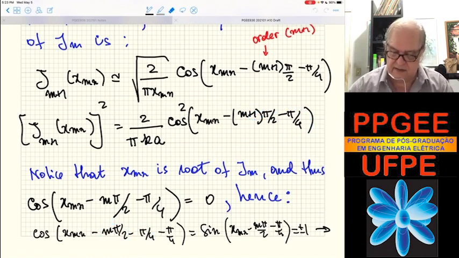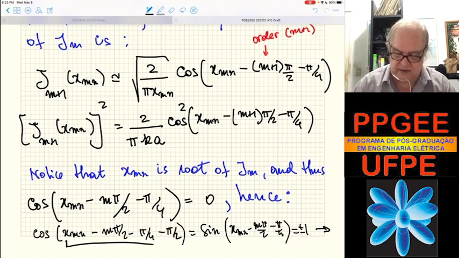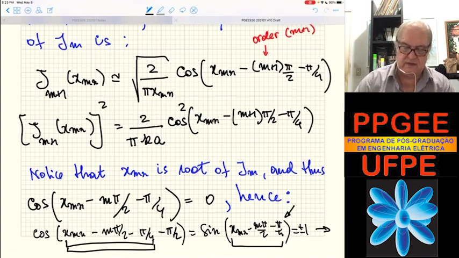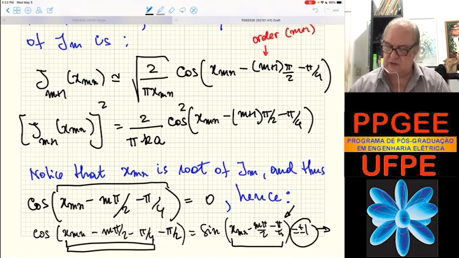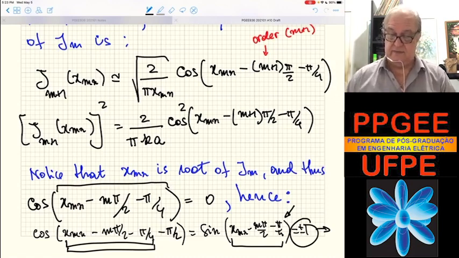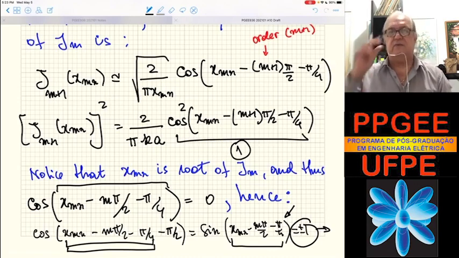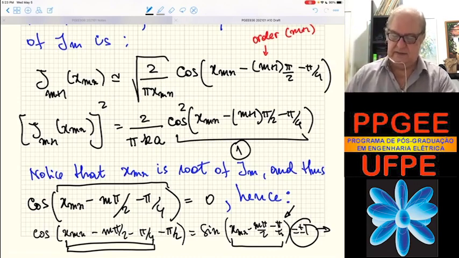So there's a mistake here. This is minus pi over 2. So cosine of this minus pi over 2 equals sine of this term here. But because cosine equals 0, cosine equals 0 means that sine equals plus or minus 1.